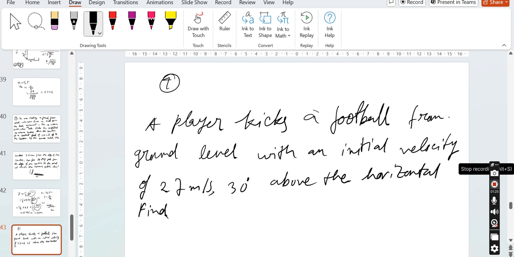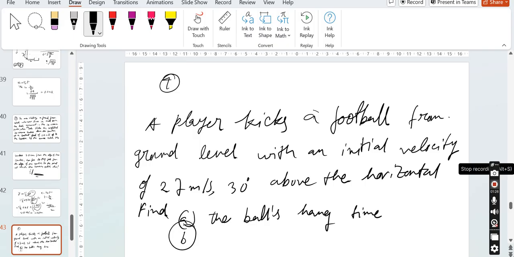Find the ball's hang time, that means the flight time, basically how long the ball was in the sky, the maximum height, and the horizontal distance the ball covered.